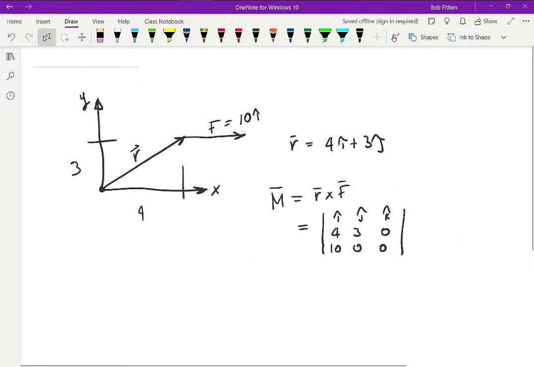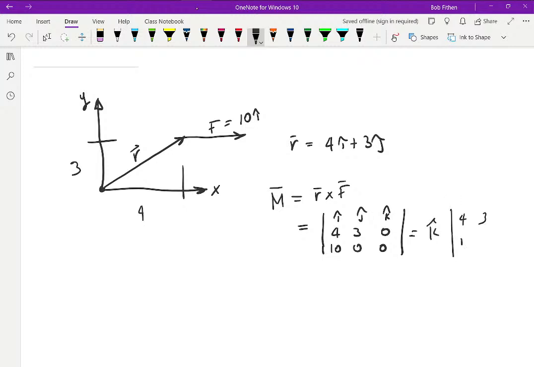First of all, there's only going to be a moment in the k direction. So if I just eliminate the i and j and go straight to the cofactor expansion of k, I end up with this: 4, 3, 10, and 0. That's going to net you nothing. That's going to net you minus 30. Okay, nothing fancy there.